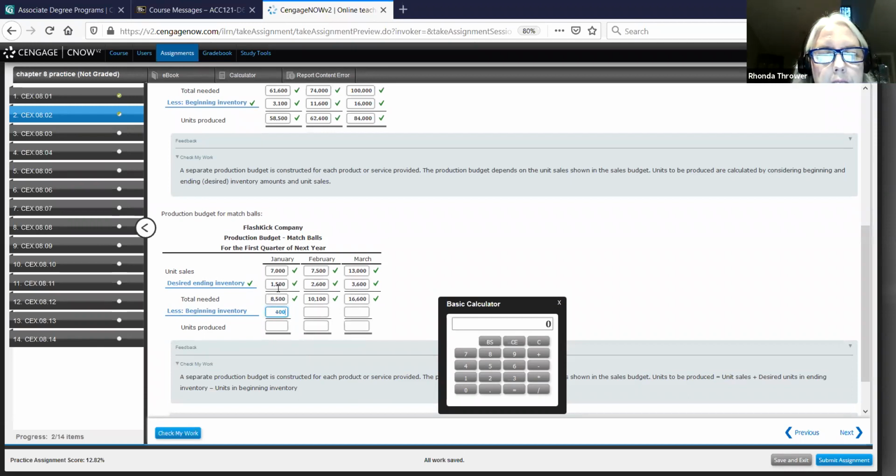And then the ending inventory for January will become the beginning inventory for February. You see how we're copying that in there. And then we're going to take our ending inventory for February, and it's going to become our beginning inventory for March.